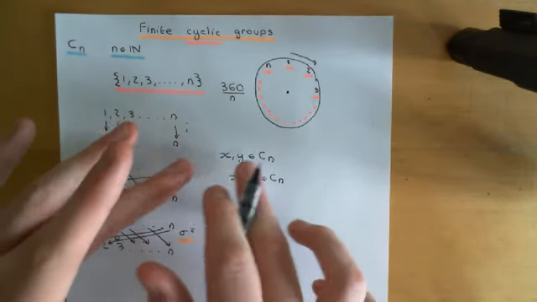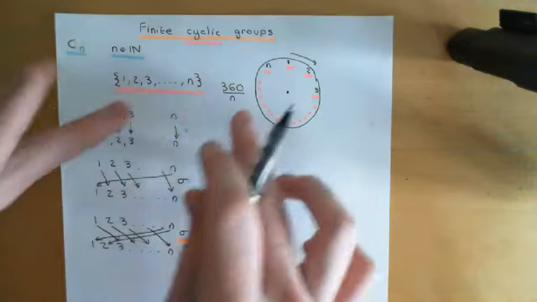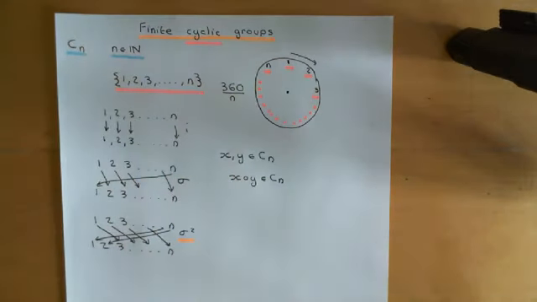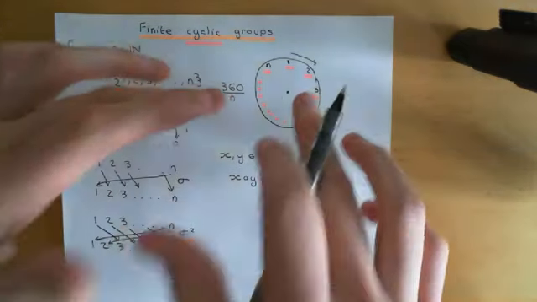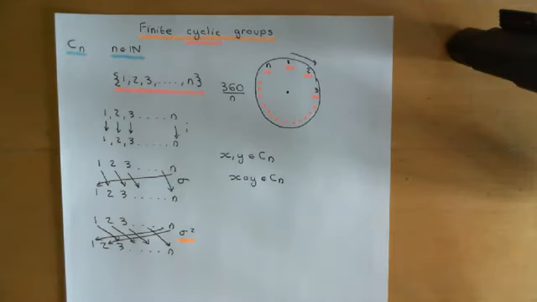Well, the elements of C little n are just symbols representing these cyclic permutations. So the way that we compose them together is thinking about composing the cyclic permutations together, and what then is the answer?